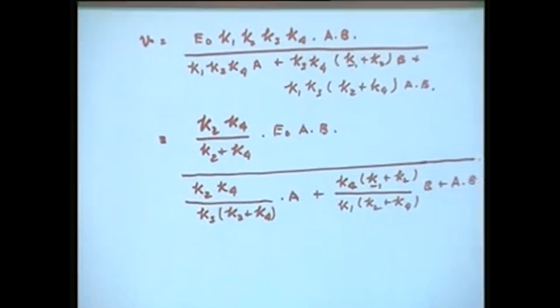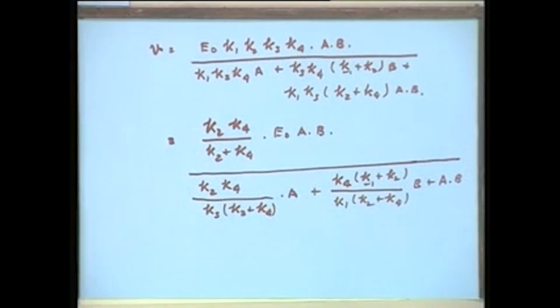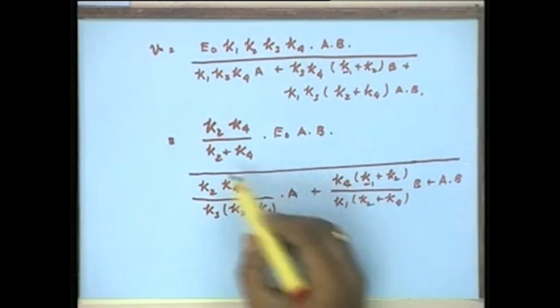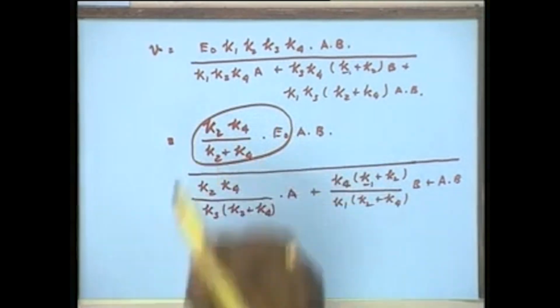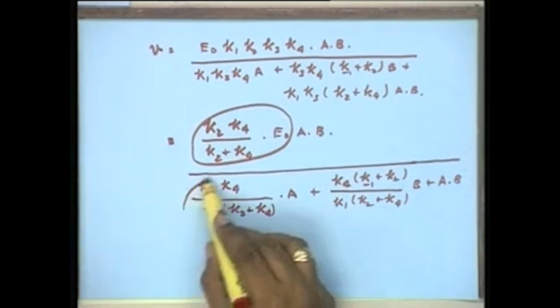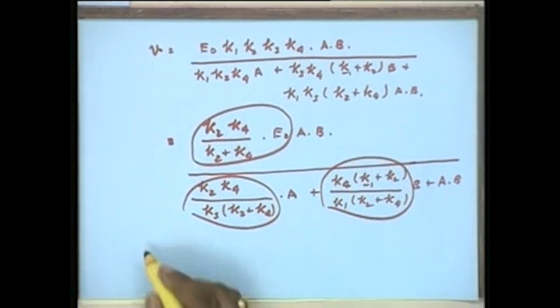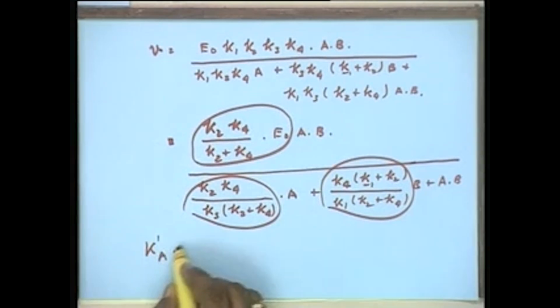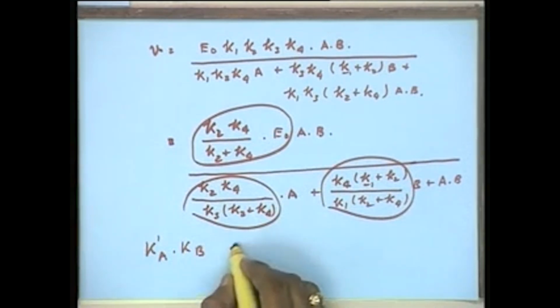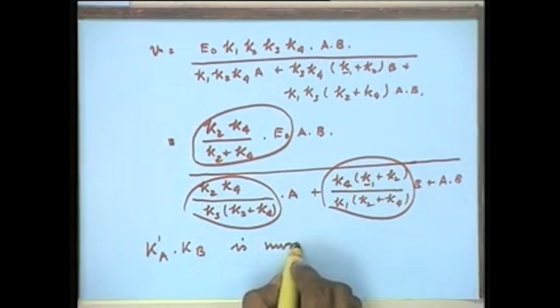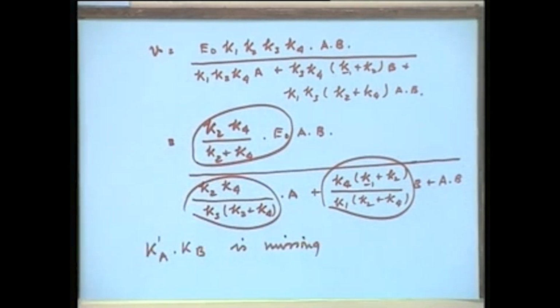Now, here you notice a significant difference from the generalized rate expression. You have the Vm term, you have the Kb term, you have the Ka term, but the K'A term is missing, which implies that in the case of a ping pong reaction mechanism, the term K'A is 0.